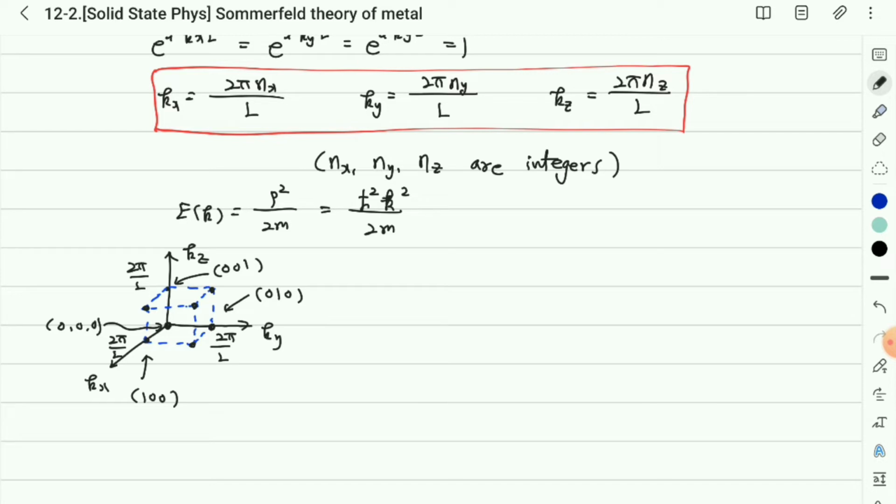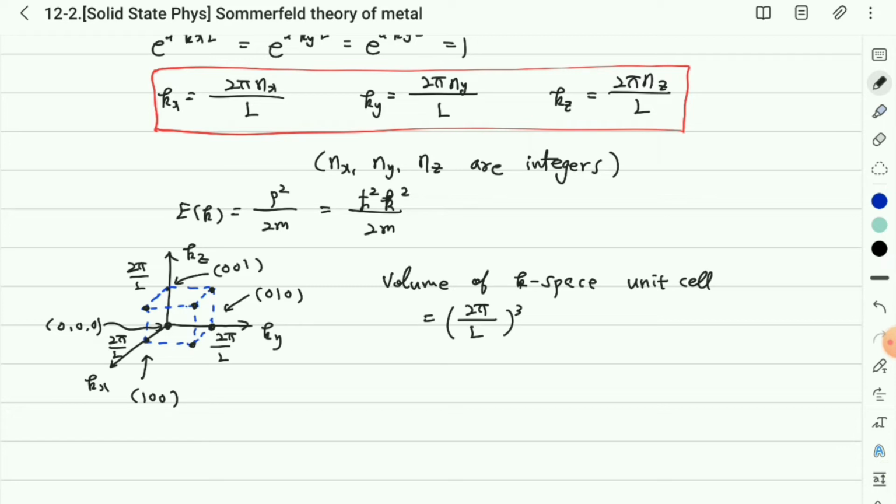Therefore, we can think that there is a small volume element in k space. In this case, the volume of k space is a unit volume, a unit cell. Then it is (2π over L) cubed, the small k space.